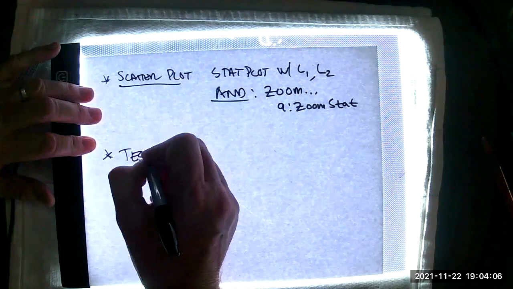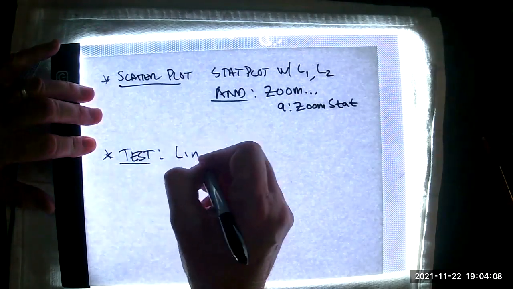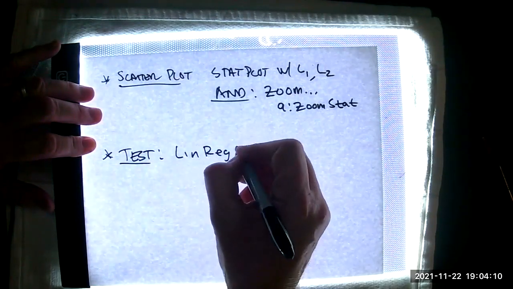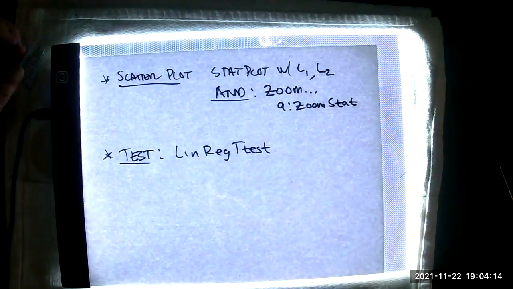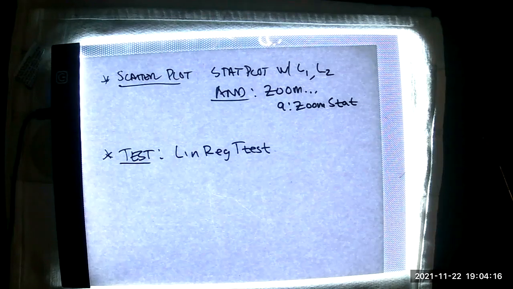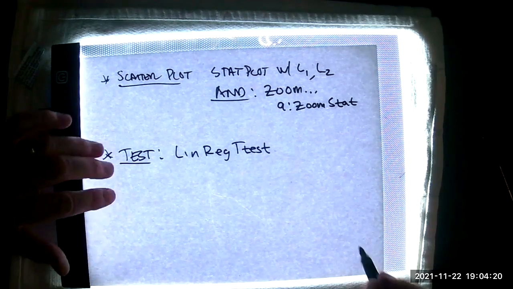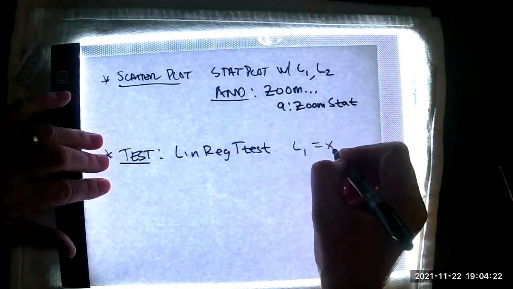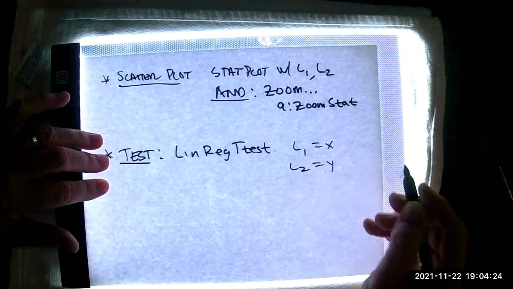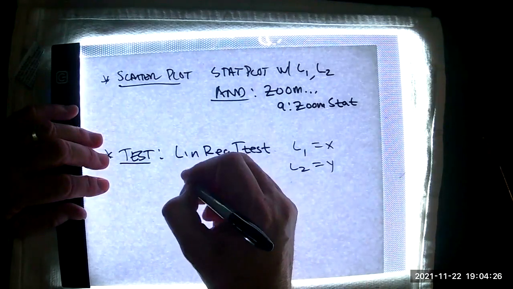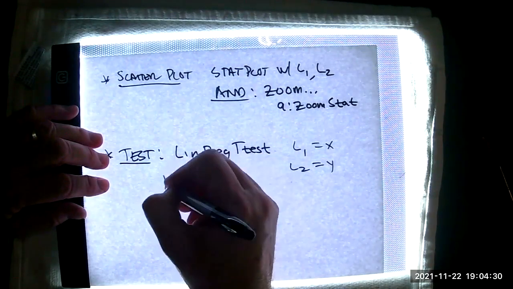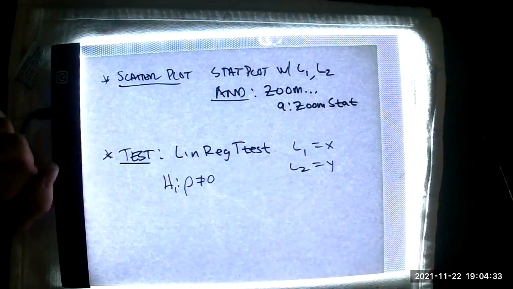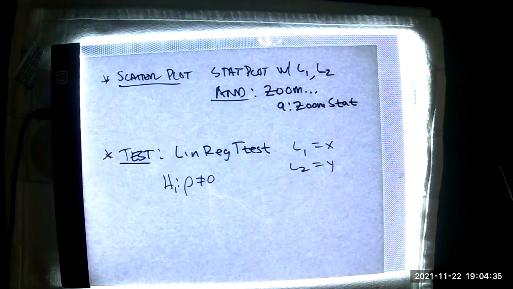For the test, linear regression t-test, and it's down near the bottom. You'll have to point it at list 1 for your x and list 2 for your y. You always want to make sure that it is a rho not equal to 0 for the alternative hypothesis.